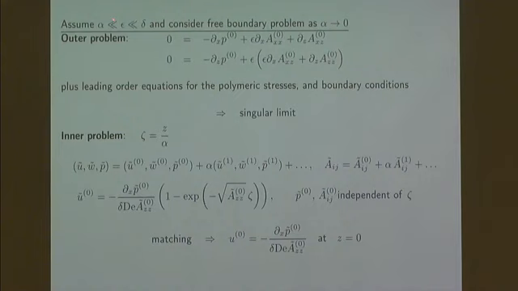First of all, we know that alpha must be smaller than epsilon because we want to take this to 0. This is the situation we are in. And so we consider epsilon and delta to be order 1 quantities first and take the limit alpha to 0. This is what you get, plus more equations. I won't write them all down. The gist of it is that you get a singular limit as alpha goes to 0.